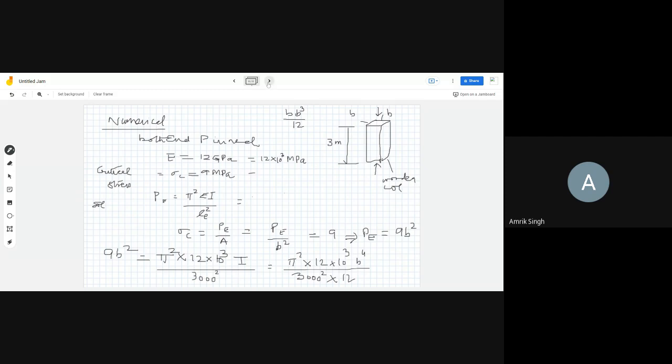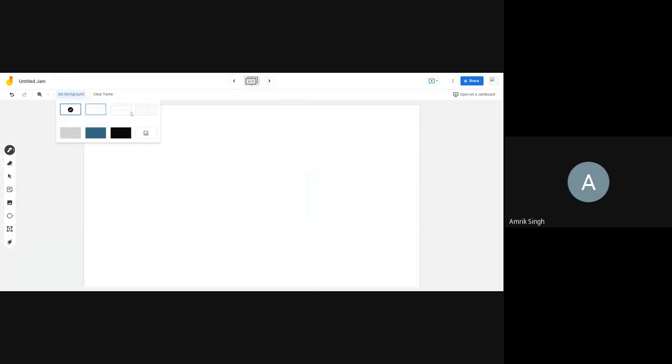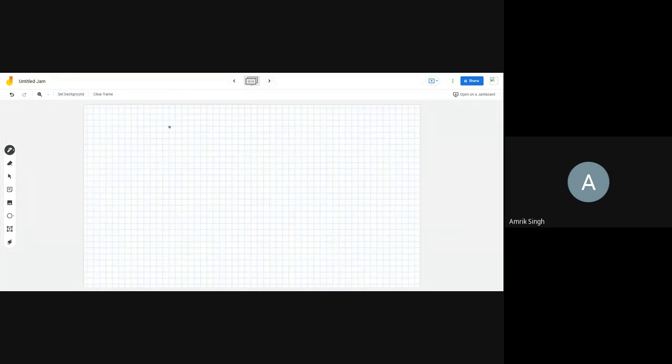From this equation you can get the value of B square. So B square will come roughly 8207. By taking the square root, B will be about 90.